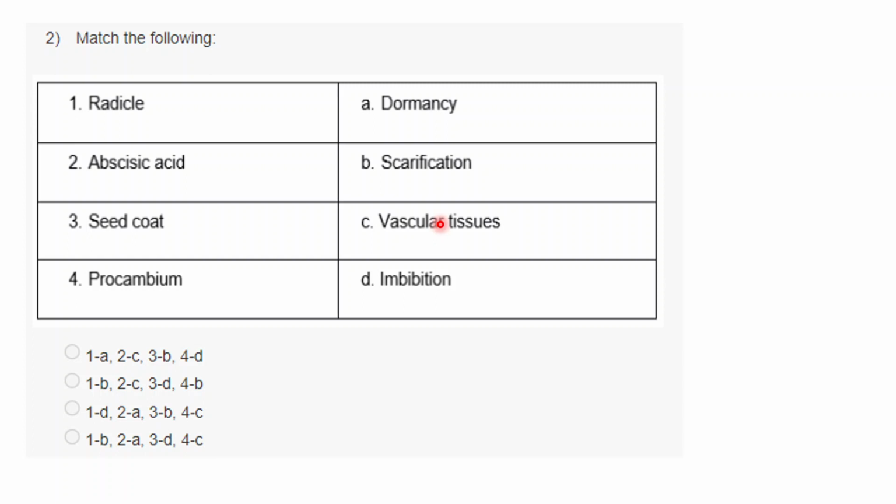Now it's up to the students to answer what they think is the correct matched option. We have radical, abscisic acid, seed coat, procambium. On the right hand side we have dormancy, scarification, vascular tissues and imbibition. Let's take a minute to collect some answers and I'll reveal the correct answer.